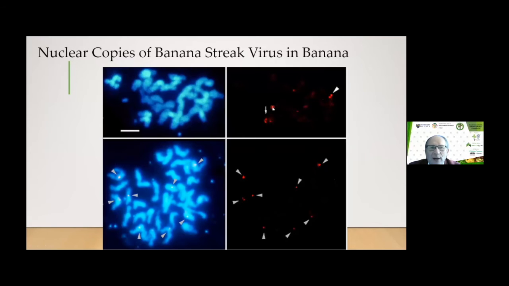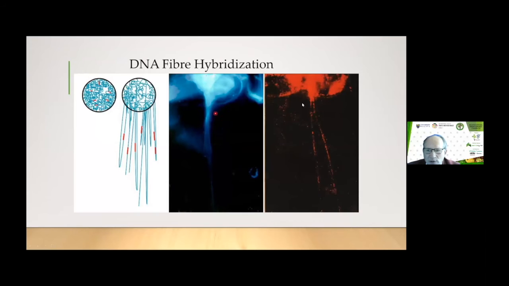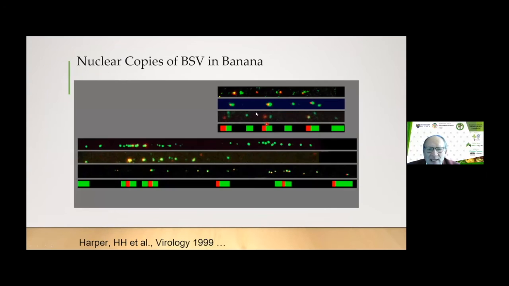It was actually the first virus found to be within the chromosomes, in the blue picture on the left, of plants, but it is now quite a widely known phenomenon. We could see how it was organized in the nucleus, and 20 years ago we showed that with in situ hybridization.